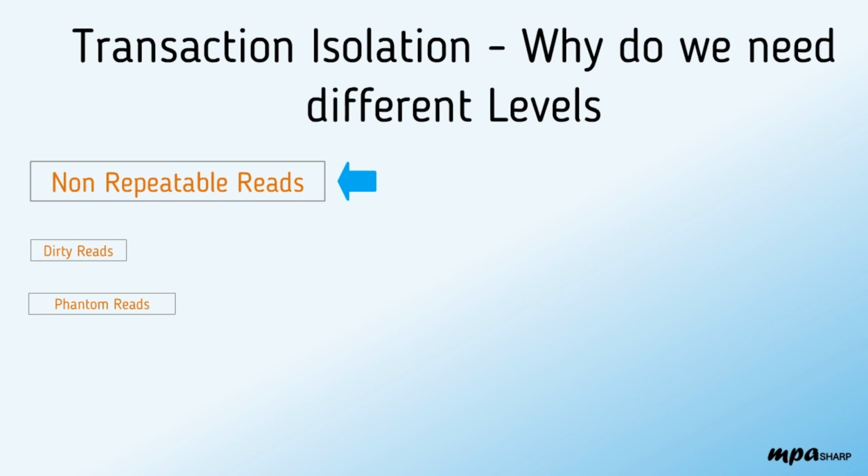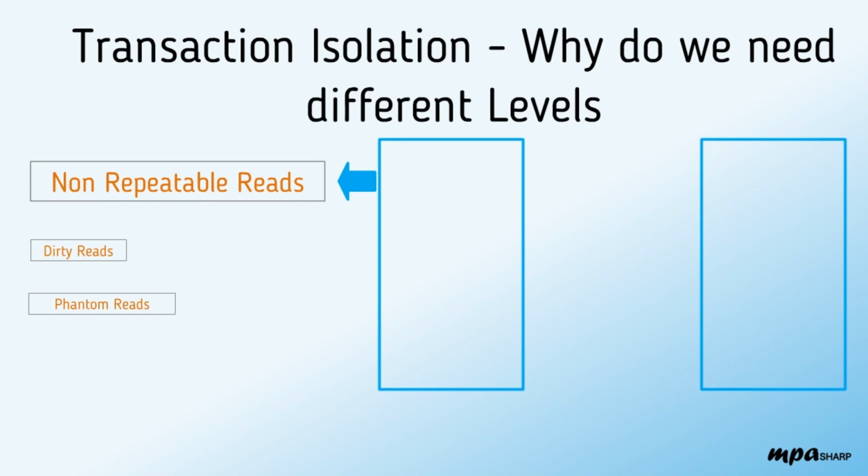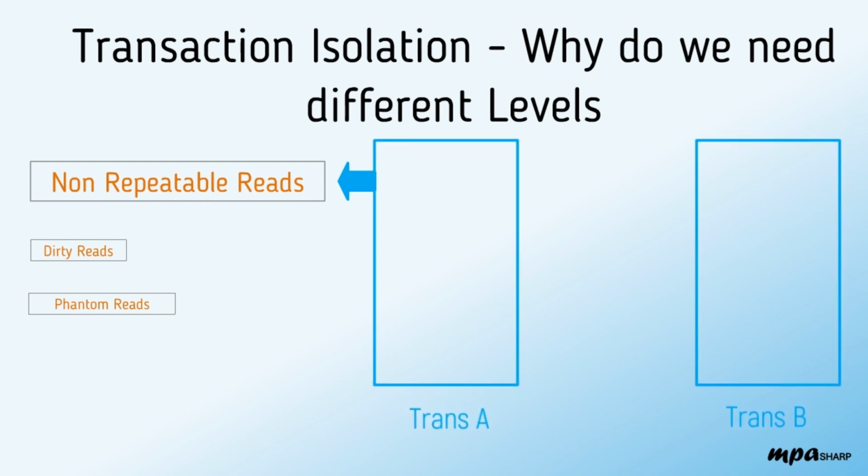If we take our banking example, transaction A reads the balance of a person and does some calculation to make some decision, for example, to see eligibility for bonus interest. Transaction A will make its decision based on the values it read. If it decides this person is eligible for bonus interest, then it will reread the balance to add that interest amount.